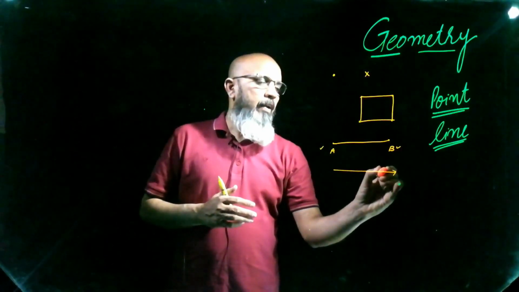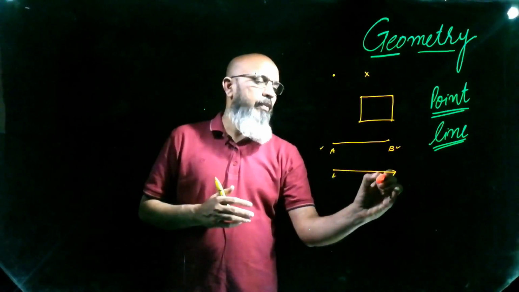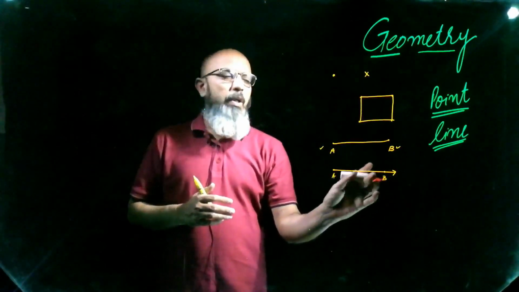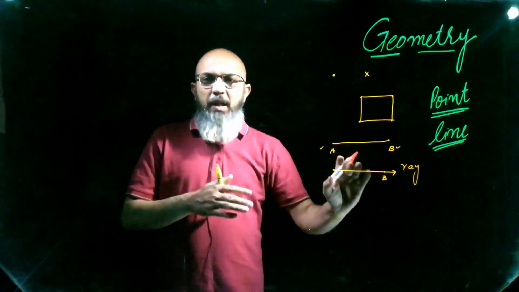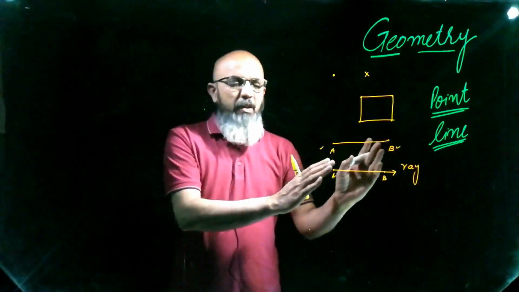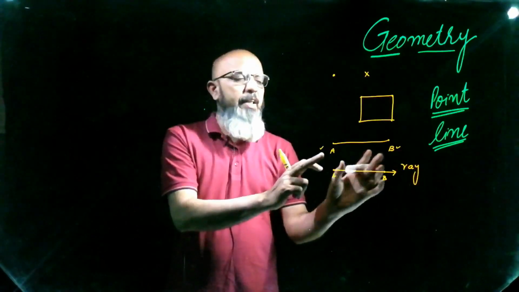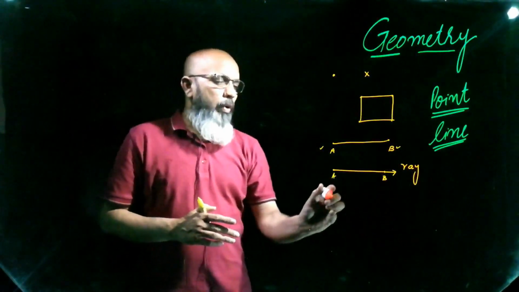If I draw an arrowhead on one side of the line, now it becomes a ray. We can extend it in one direction, with one fixed point. That is called a ray. Now, what is a line?